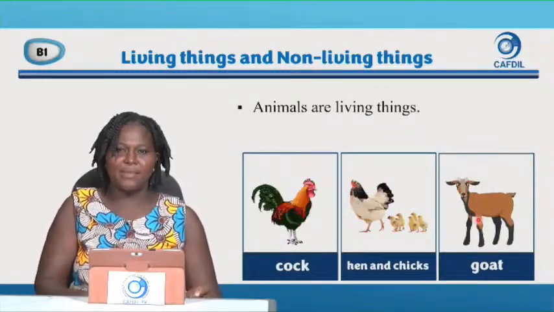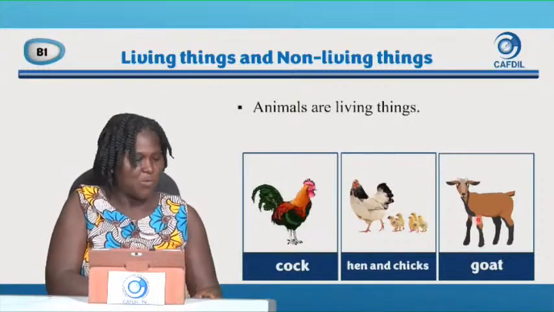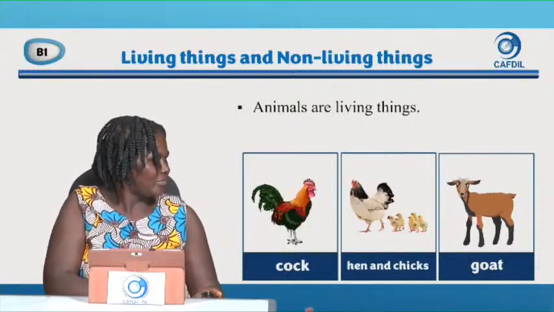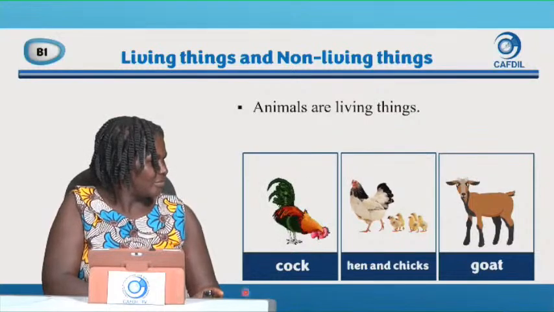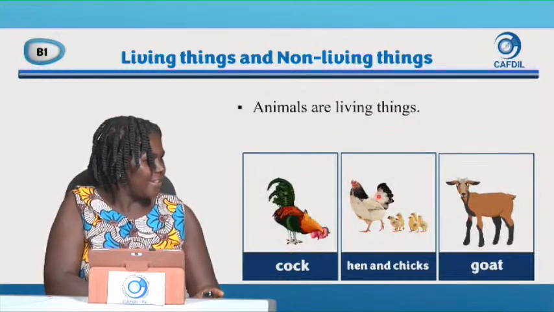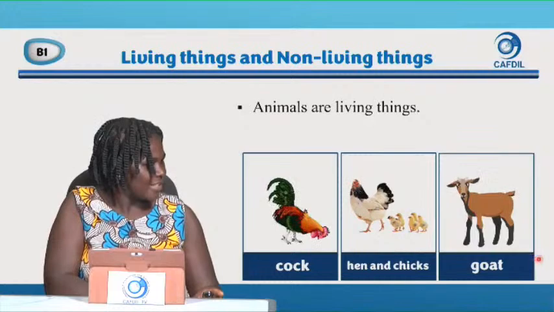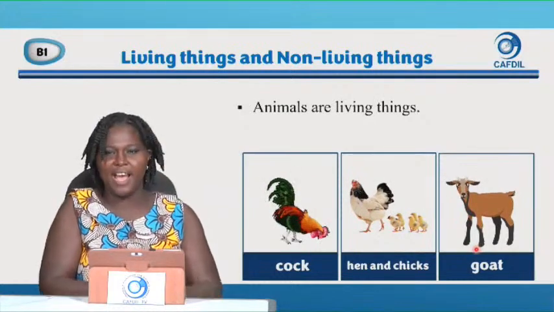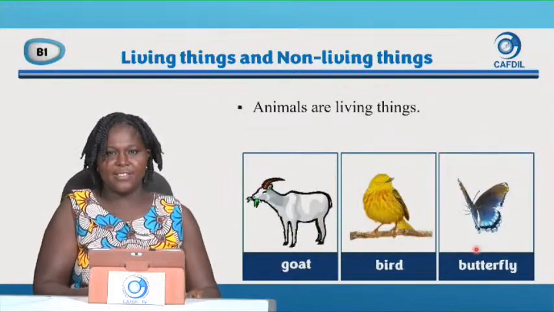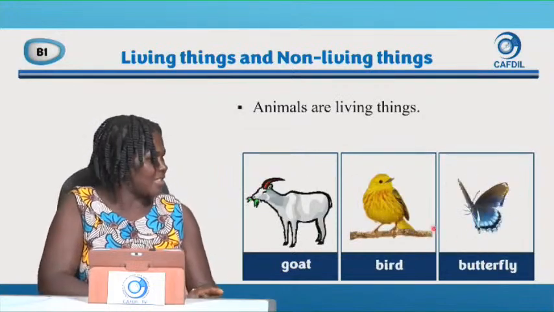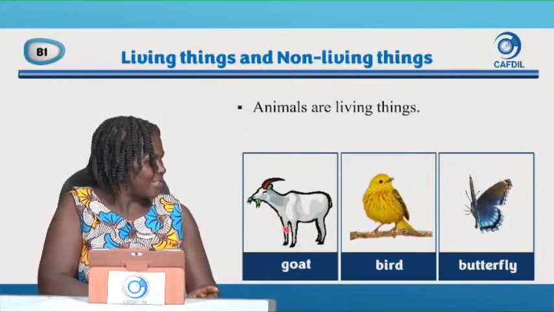Let's look at some animals too. We saw the cock. We have hen and chicks, goats. They are all animals and they are living things. We also saw goats eating.